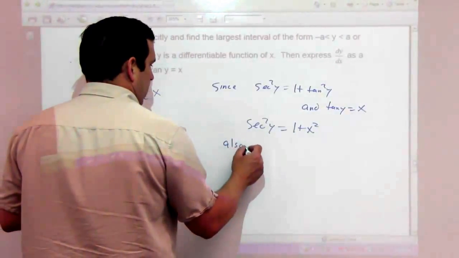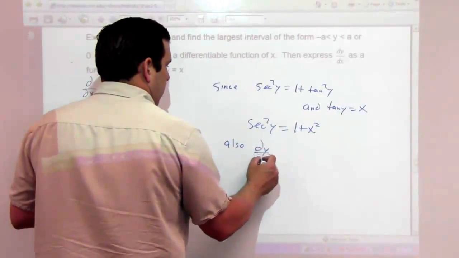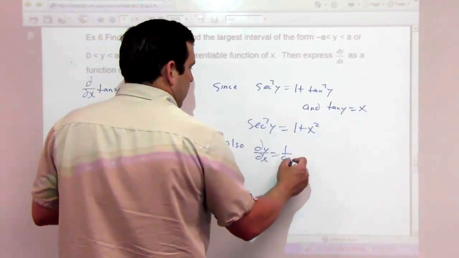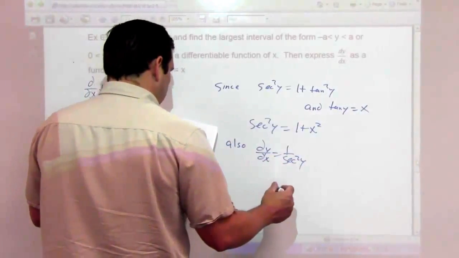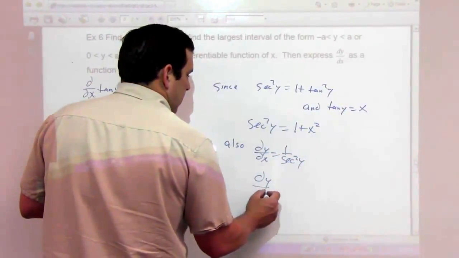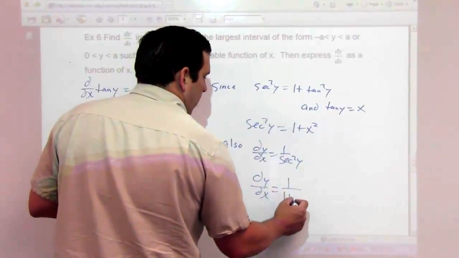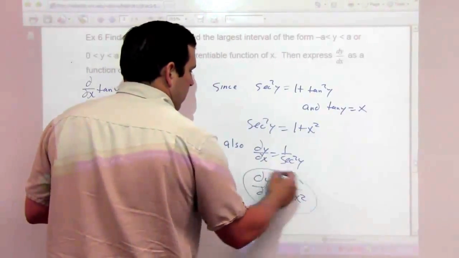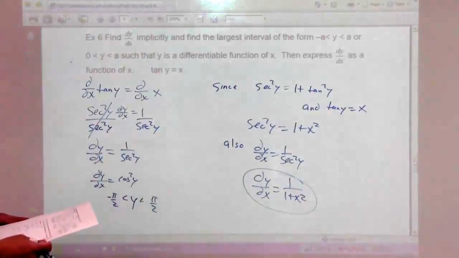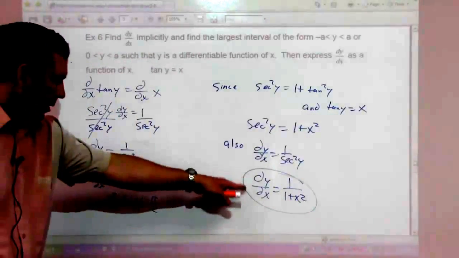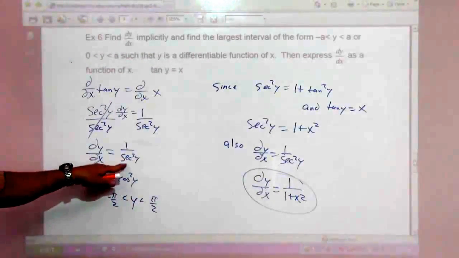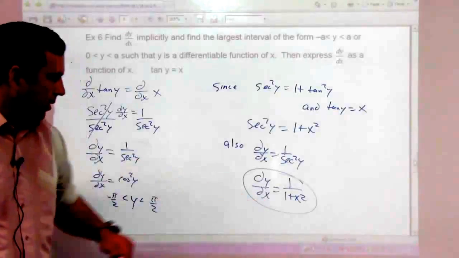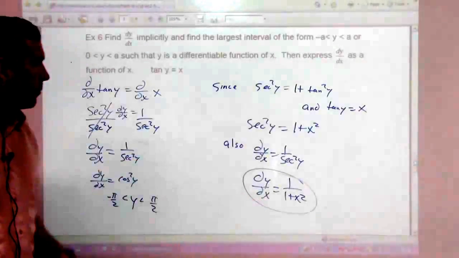Also, knowing that dy/dx is 1 over secant squared y, we could say dy/dx is 1 over 1 plus x squared. Okay, so using that relationship, you can have that relationship with that value as well.